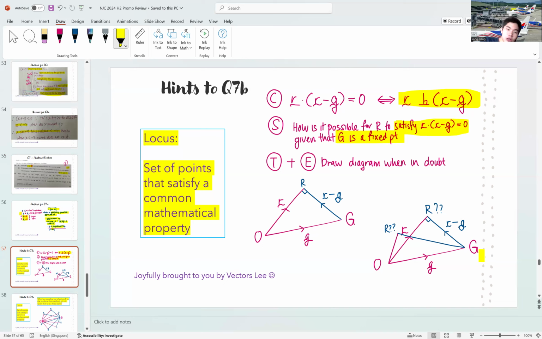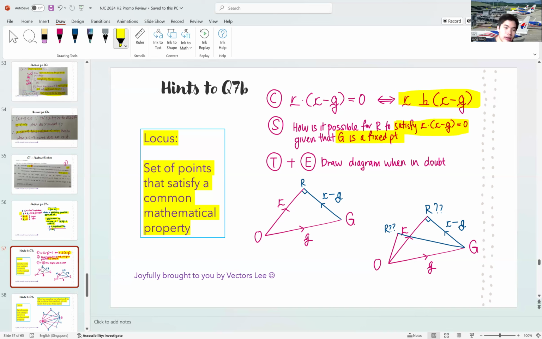And that's when I want to talk about locus. As you have heard your lecturers say, locus is a set of points that satisfy a common mathematical property. But unbeknownst to them, they have not even explained the true meaning of locus to you.